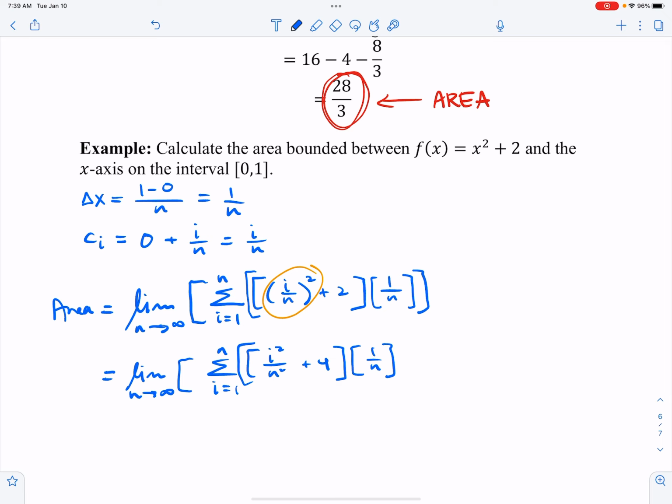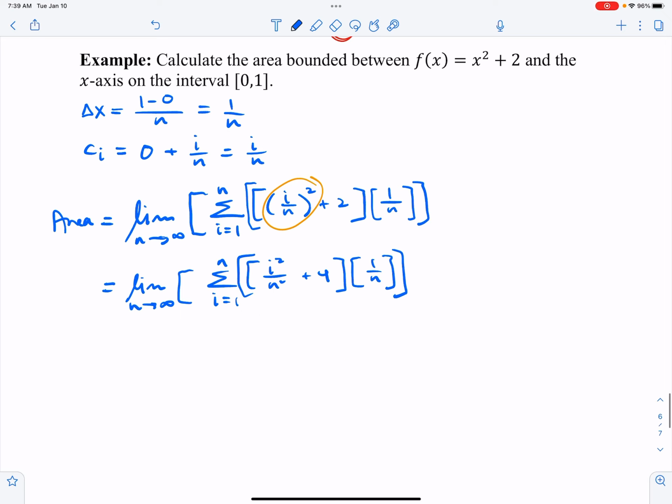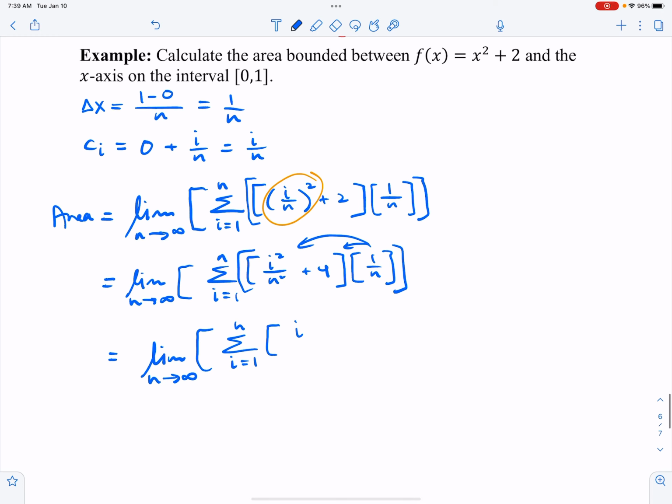All of this should be in brackets here. And now I can think about distributing the 1 over n. Make sure you are writing your limit for each step until you actually think about taking the limit as n approaches infinity. Okay, so this will be i squared over n cubed plus 4 over n.